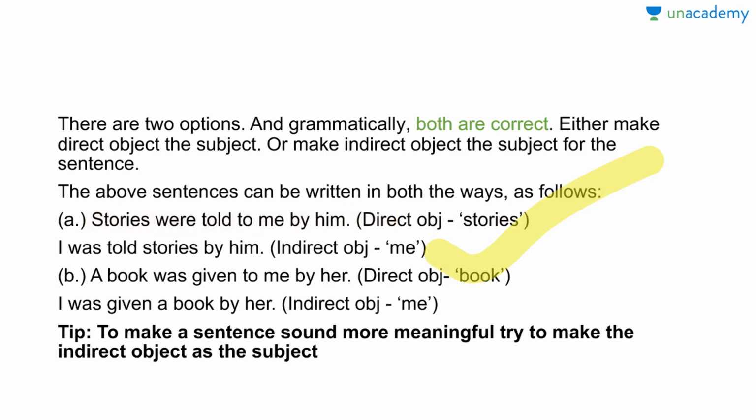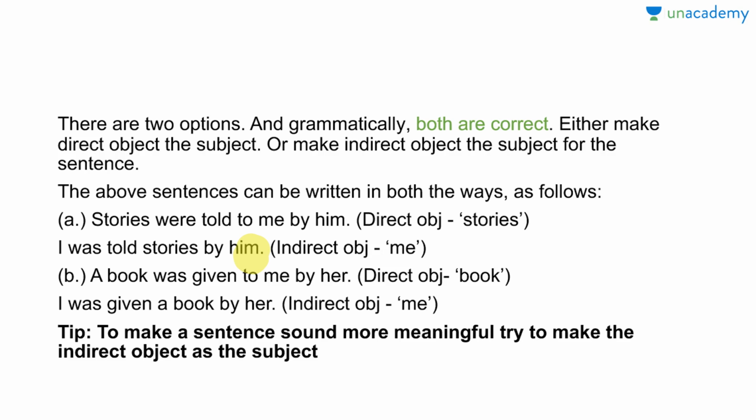Now in the second case, I took the indirect object. The indirect object is me, and I made its passive. So me changed to I, that we all know. So, I was told stories by him. Him is at the last. Him becomes our new object, which was the subject originally.